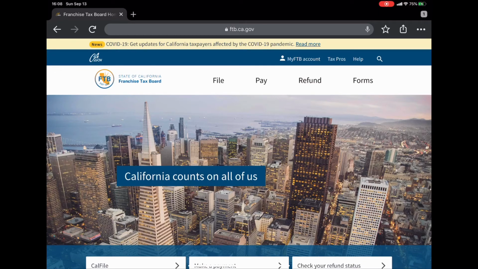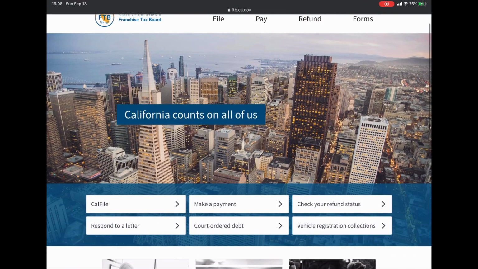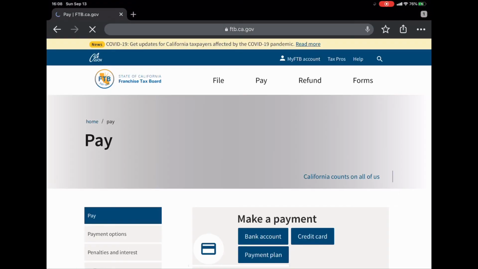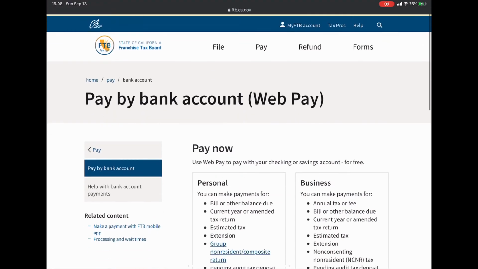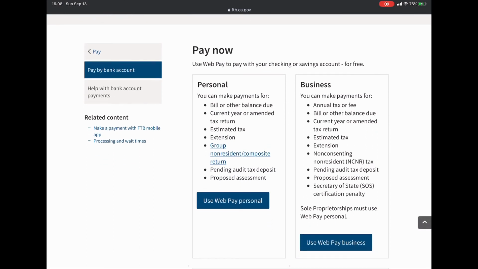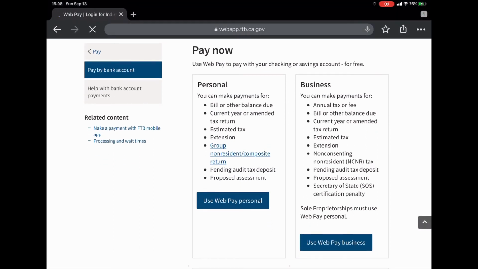If you live in the state of California like I do, you can go to the California Franchise Tax Board website and go down here to make a payment, and you'll click on the bank account option here and use WebPay Personal.